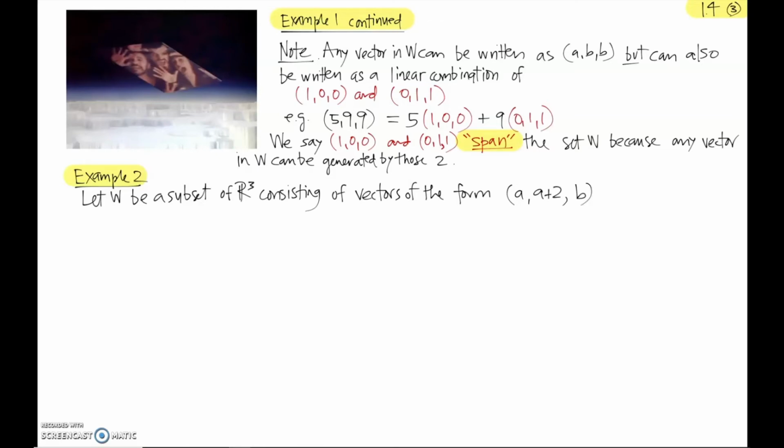So all the vectors in W have to follow this pattern, and then the question is: is W a subspace of R3? The only thing we have to do is check if it's closed under vector addition and scalar multiplication. We know that W is a subset of R3 for sure, because it's a set sitting inside R3, but is W a subspace? That's the question we're going to answer.